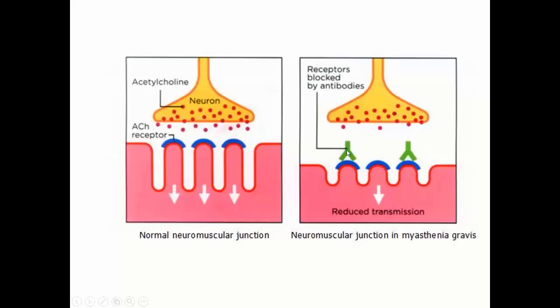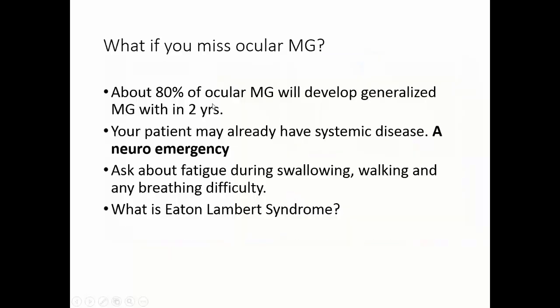When there are antibodies against these receptors, the acetylcholine cannot occupy the receptors. So what happens in cold? Acetylcholinesterase is inhibited, and also when you are using Tensilon, acetylcholinesterase is affected. So you have more acetylcholine molecules to interact with the receptors. That is why it gets better with the cold test.